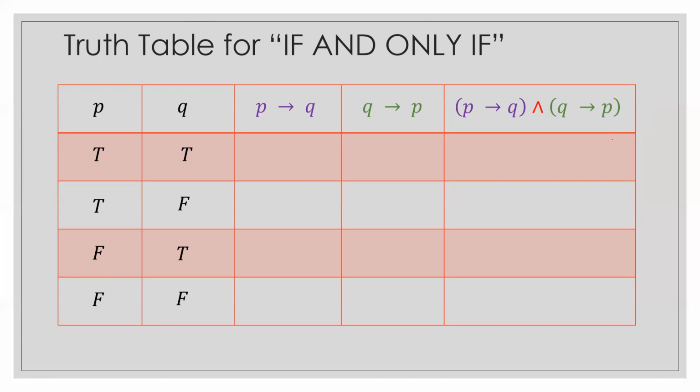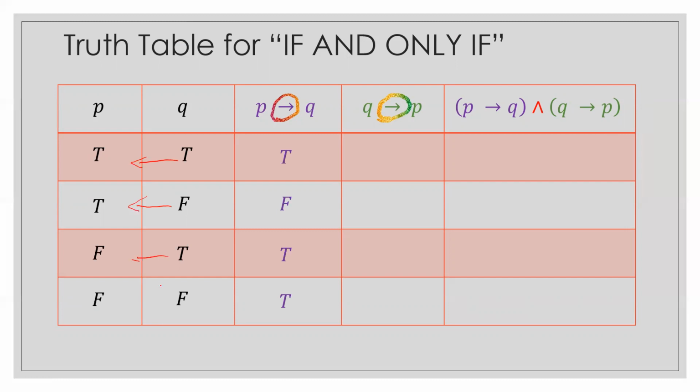Okay, so learning from the last truth table, if true, then true, the statement is true. If true, then false, the statement is false. If false, then true, the statement is true. If false, then false, the statement is true. Okay, now we're going to go the opposite direction. So we'll go from here to there instead.